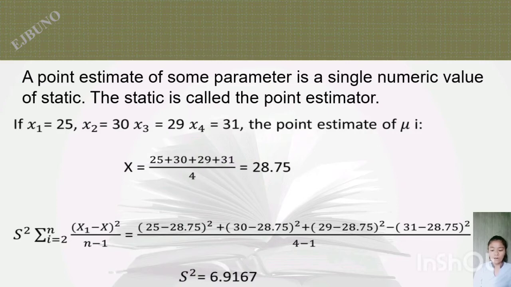So if we substitute the numbers 25, 30, 29, and 31, then subtract the sample mean 28.75 and square, it will be 25 minus 28.75 squared plus 30 minus 28.75 squared plus 29 minus 28.75 squared plus 31 minus 28.75 squared, all over 4 minus 1, so s squared is equal to 6.9167.